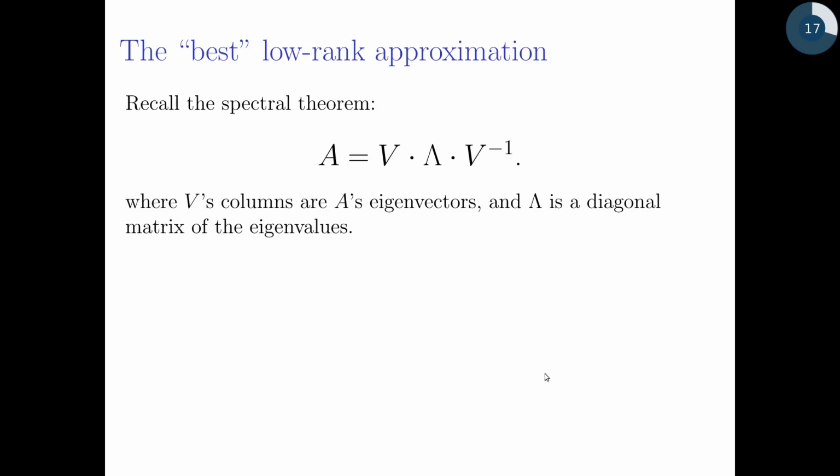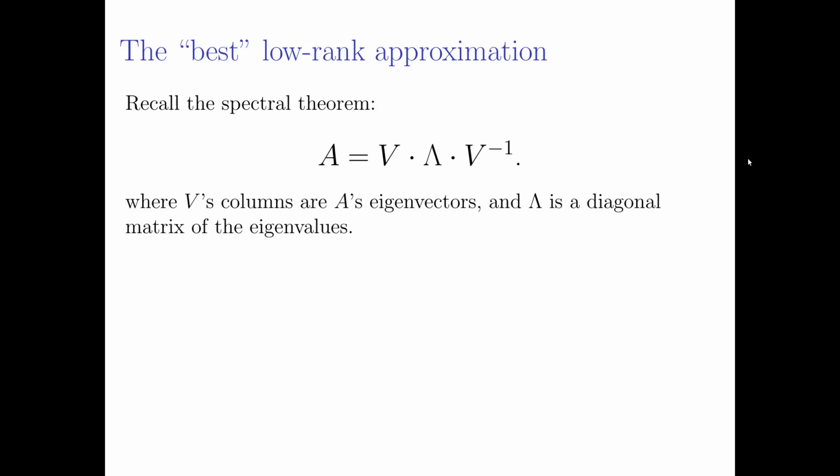Okay. Now let me take you back to the spectral theorem from the last episode. You will recall that if A is a square matrix, this right here is an equal sign. We're going to be making it an approximately equal sign in a moment, but right now it's an equal sign, which means A can be precisely broken down into these three components.